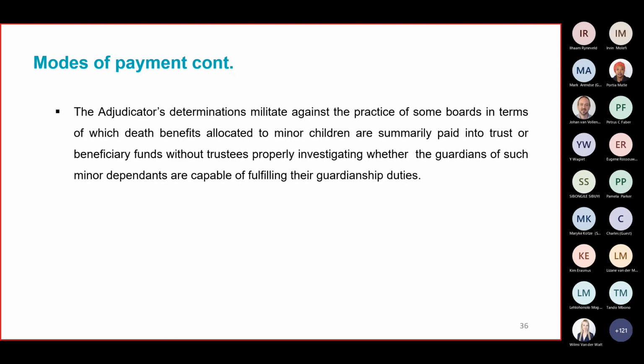The adjudicator's determinations militate against the practice of some boards in terms of which death benefits allocated to minor children are summarily paid into trust or beneficiary funds without trustees properly investigating whether the guardians of such minor dependents are capable of fulfilling their guardianship duties.